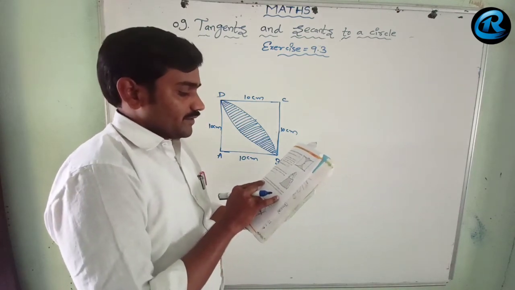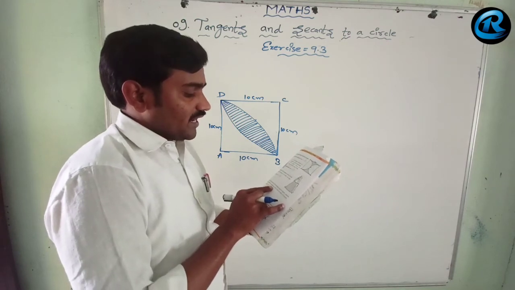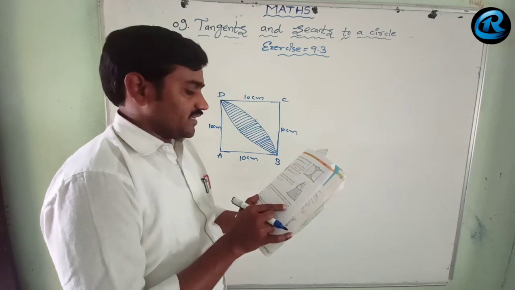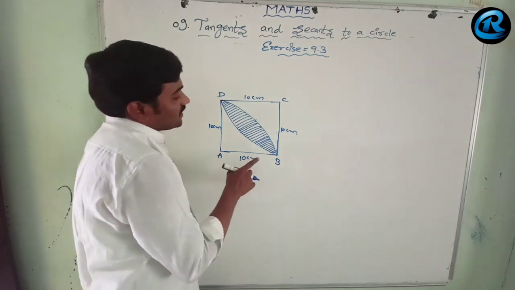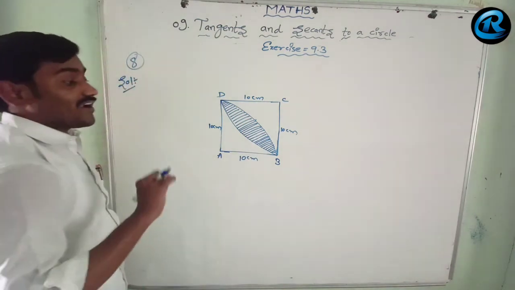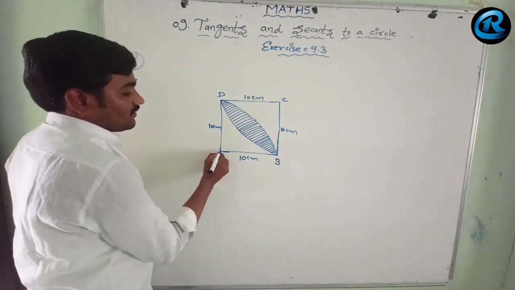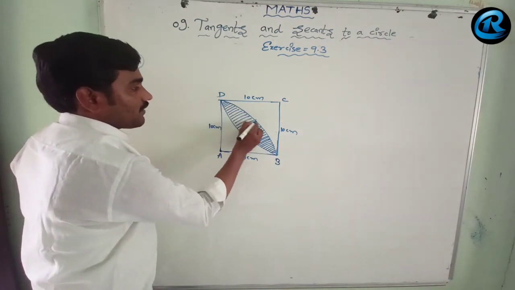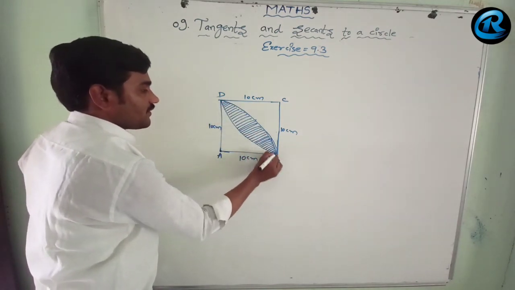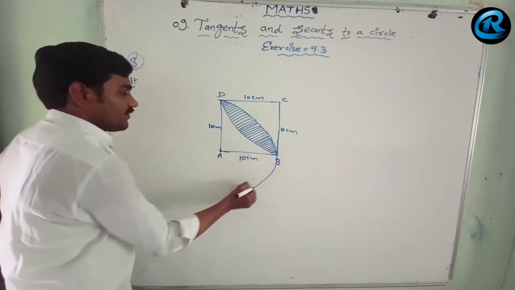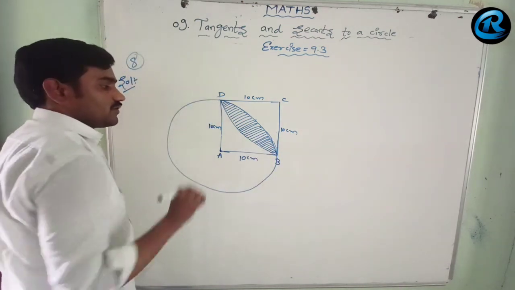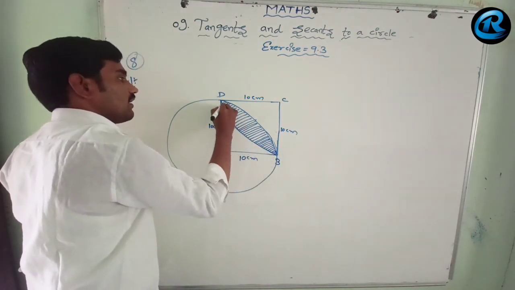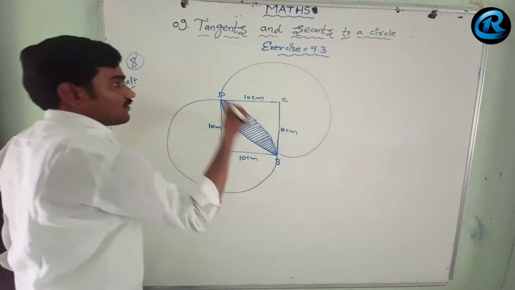The common part between two quadrants of circles of radius 10 centimeter each. So these are the common portion of two quadrant circles. Suppose for this arc, if you fill it up, you will get one circle, and this arc, you will get one more circle.